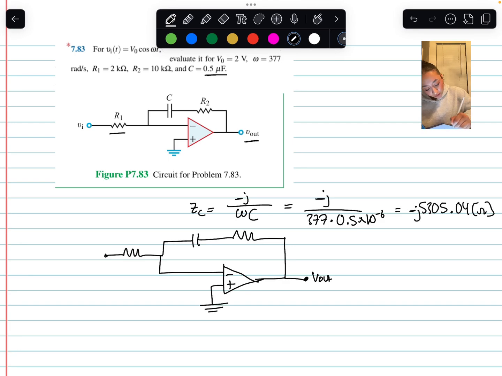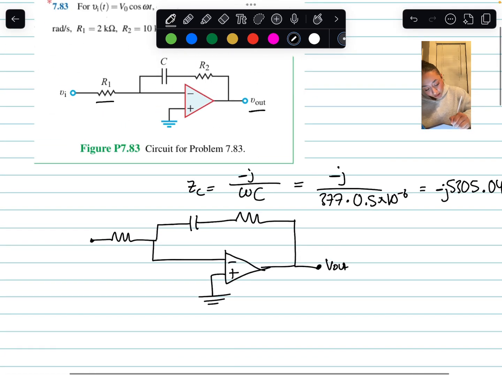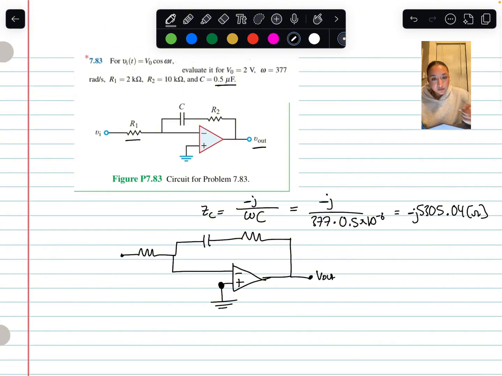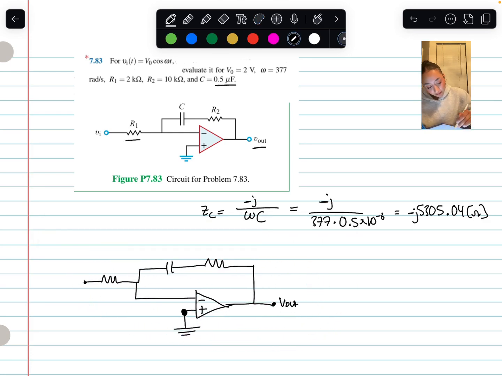Okay. Then this right here, the non-inverting input, is going to be connected to ground. So we already know this node is equal to 0 volts. Let me move this down right here. The capacitor is going to take this impedance, negative J 5,305.04 ohms, and R2 is 10K ohms, and R1 is 2 kilo ohms.